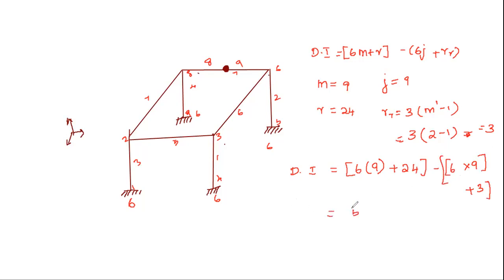So 9 sixes are 54 plus 24, minus 9 sixes again 54, plus 3. So this and this get cancelled, and the answer is 21. So the degree of static indeterminacy of this given space frame is 21.